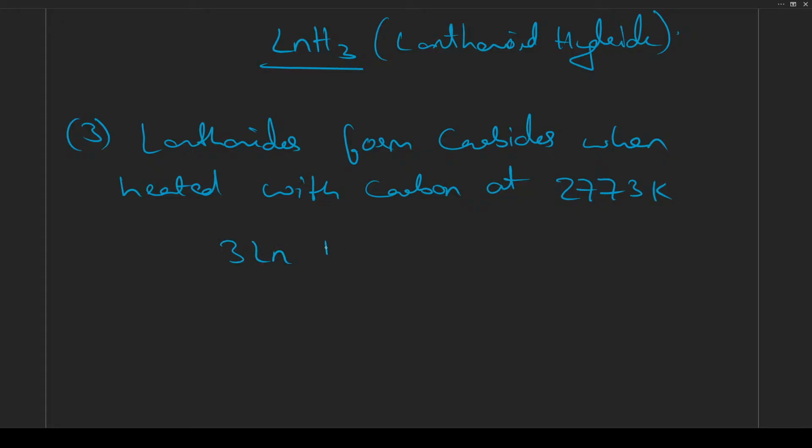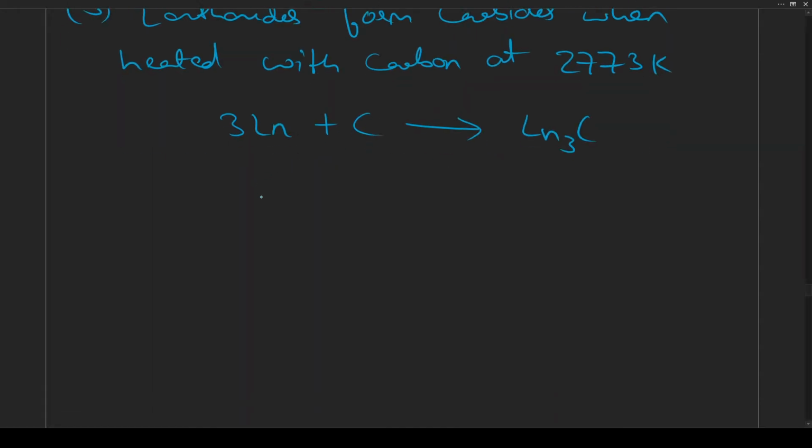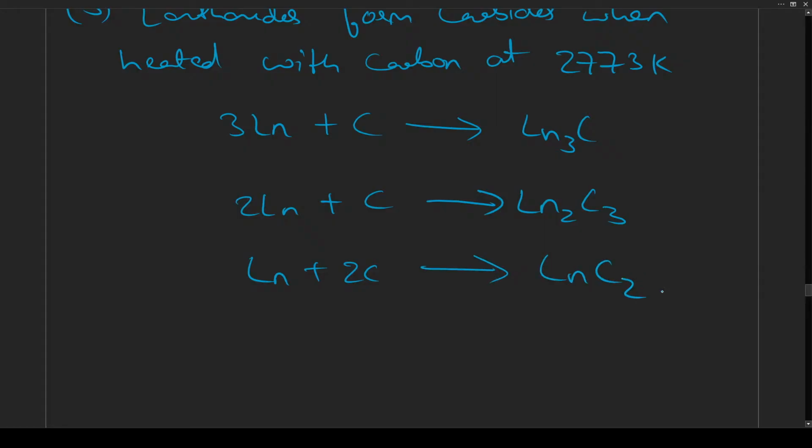Example: 3 lanthanum plus carbon gives lanthanum 3 carbide. 2 lanthanum plus carbon gives lanthanum tricarbide. Lanthanum plus 2 carbon gives lanthanum dicarbide.